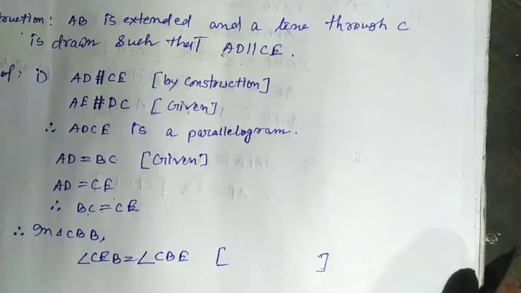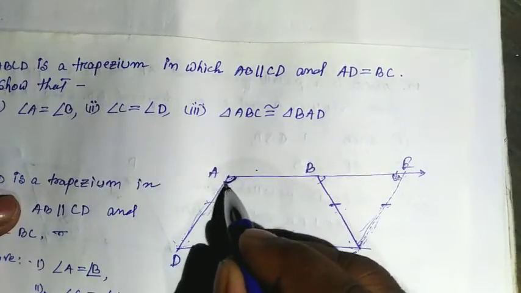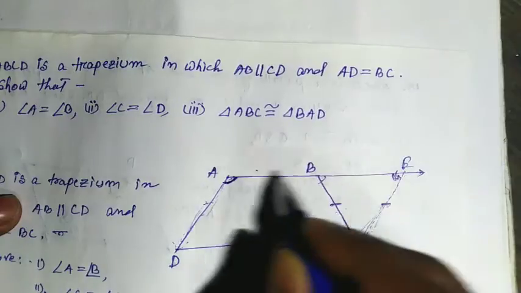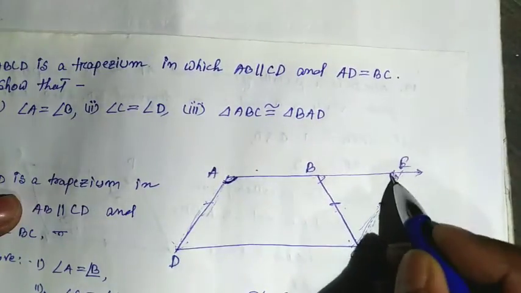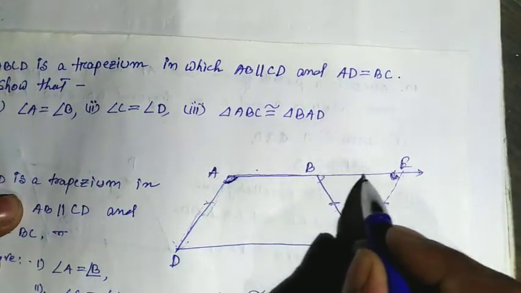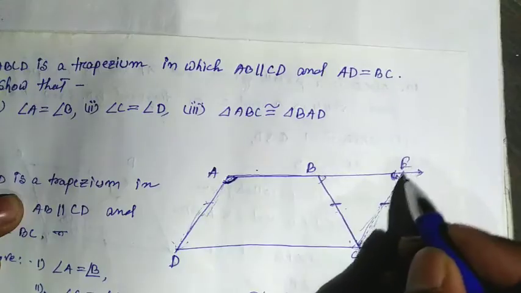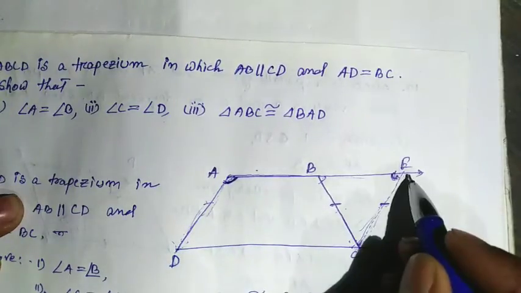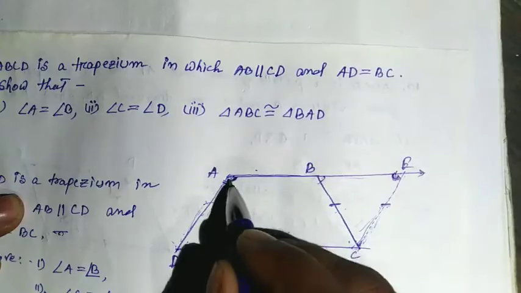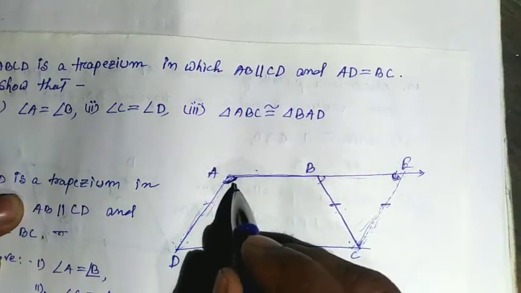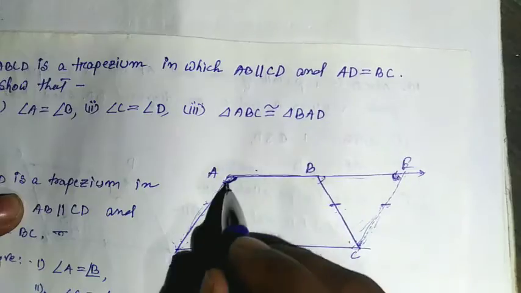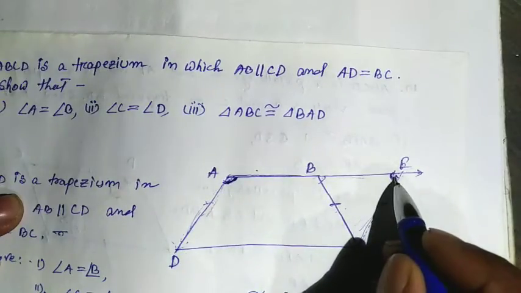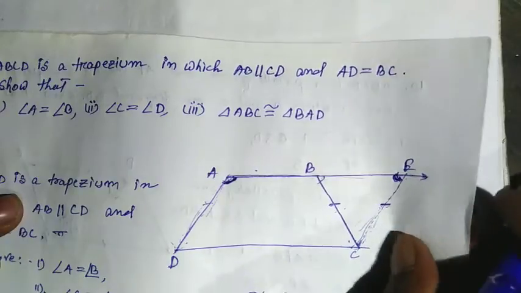Now see, now we will take the sum of angle A and angle CEB. Angle A and angle CEB sum to 180 degrees because they are on the same side of the transversal. This AD is parallel to CE. If we consider AE as a transversal, these two angles are on the same side of the transversal, or they are consecutive interior angles. We know that the sum of consecutive interior angles is equal to 180 degrees in the case of parallel lines.